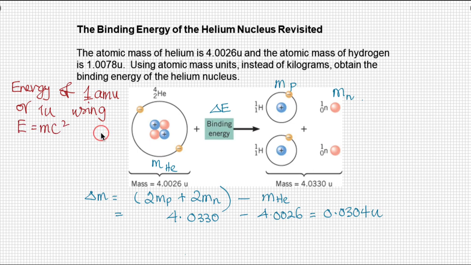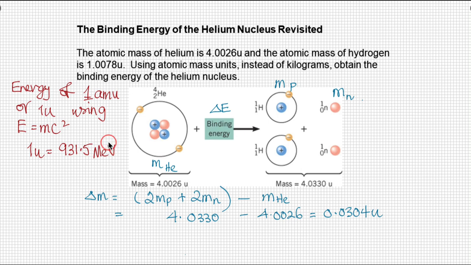Now, instead of applying the values into this equation and using the speed of light each time, we're going to ask: what is the energy released if we convert one atomic mass unit of mass into pure energy without using c squared? If we were to use c squared and do all our conversions and apply it to this equation, we'd get one atomic mass unit would be equivalent to 931.5 mega electron volts.